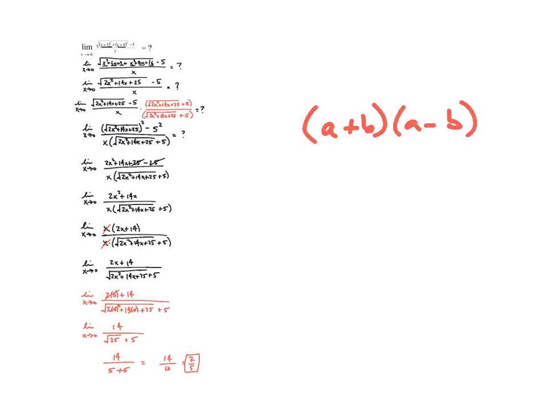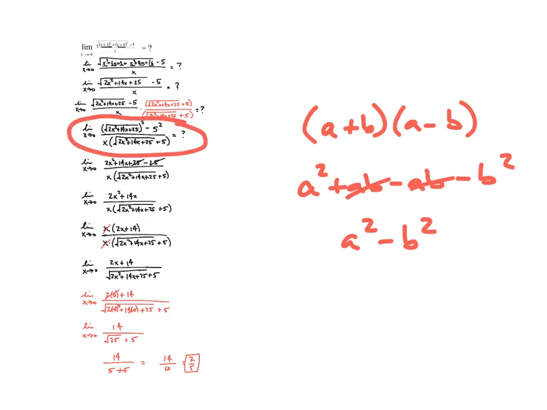When I multiply that out and FOIL it using the distributive property or the box method, whatever you want to do, I'm going to get a squared plus ab minus ab minus b squared. My two inside terms are going to cancel out, leaving me with a squared minus b squared. And that's how I got this here. Everything else from there, I'm just evaluating, then plugging in 0, and arriving at my answer of 7/5.